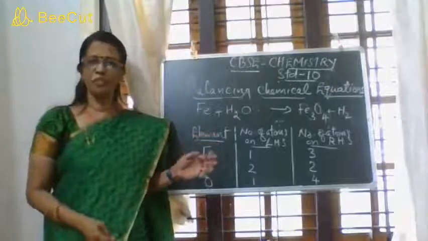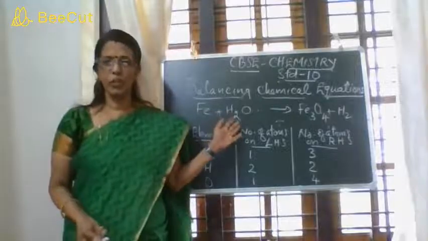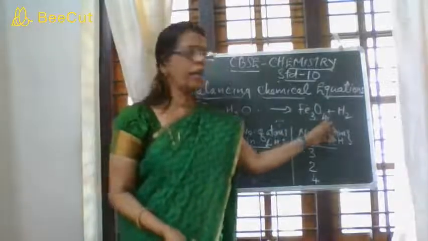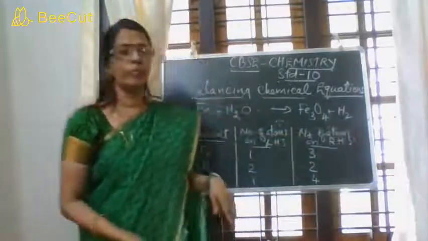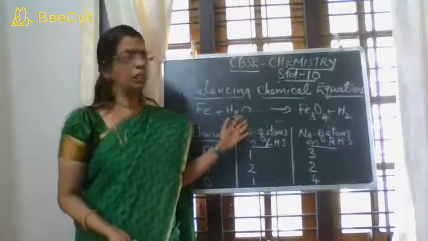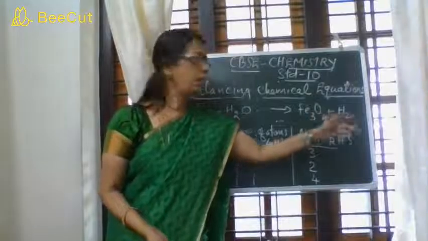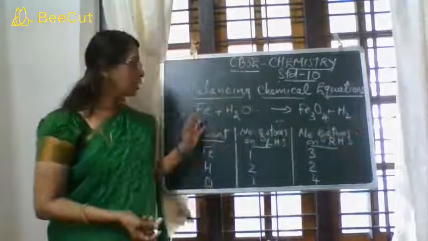Another example for balancing a chemical equation is here: Fe plus H2O gives Fe3O4 plus H2. That is, iron reacts with steam or water, and we get iron oxide Fe3O4 plus hydrogen. So this is an equation.